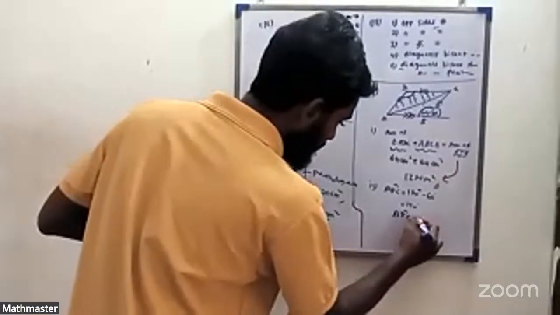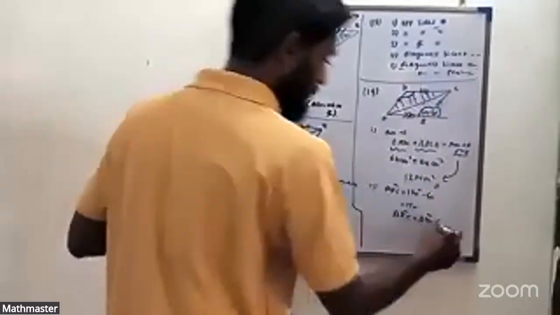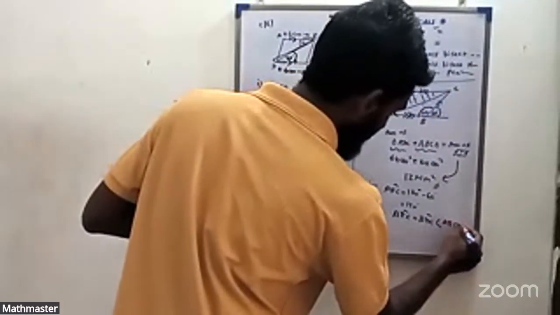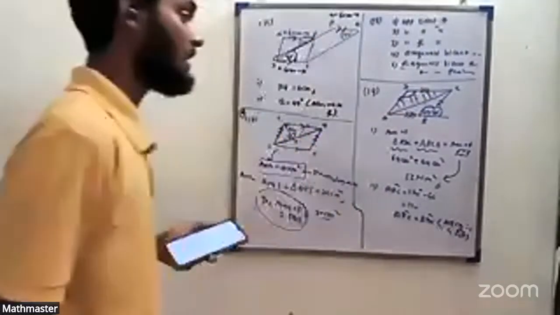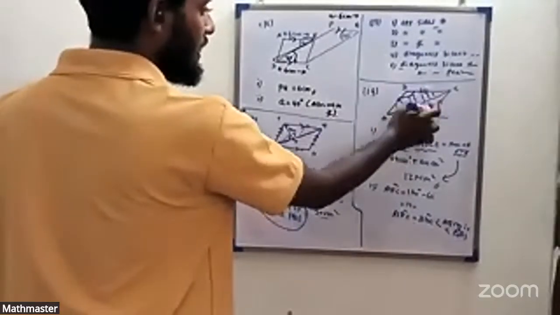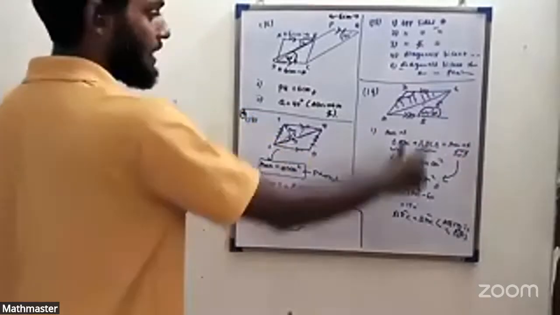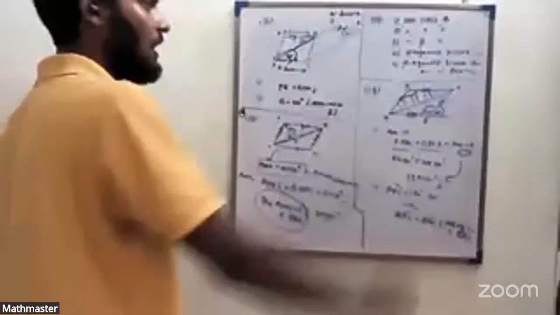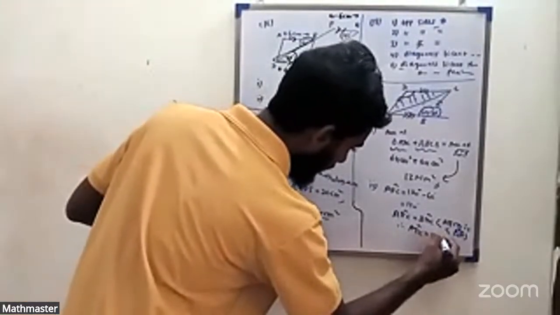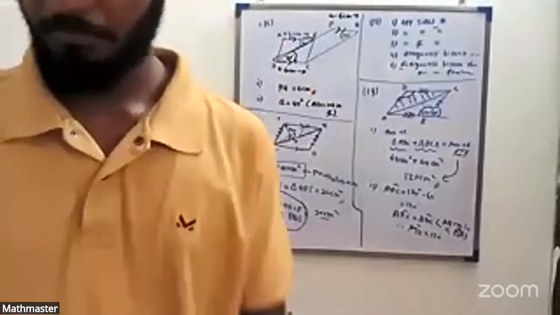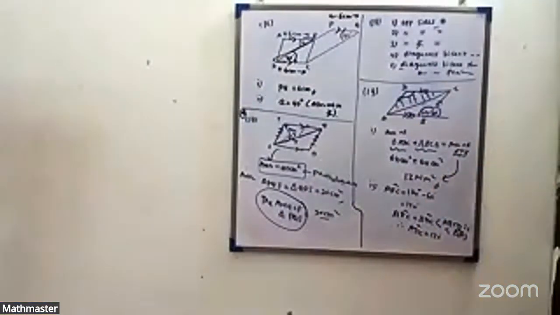Angle ABC should be equal to angle ADC. Why? Because of the properties of parallelograms. ABCD is a parallelogram, and the opposite angles should be equal. If this is 120, then ADC is also 120. Clear?